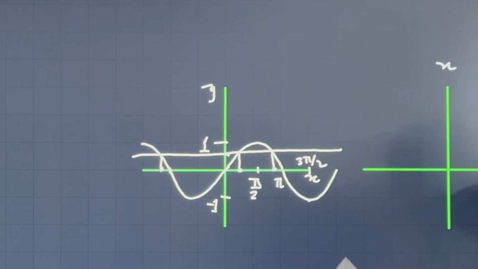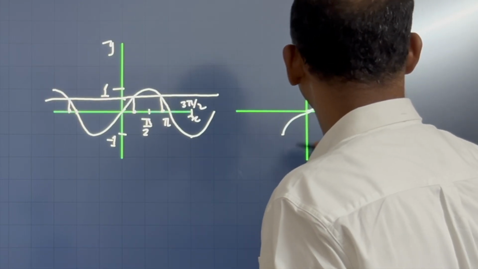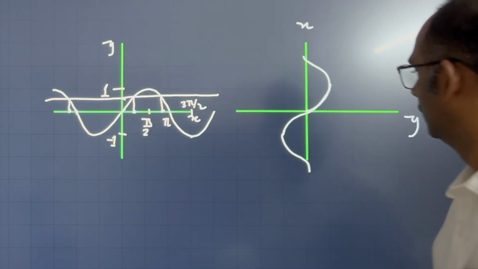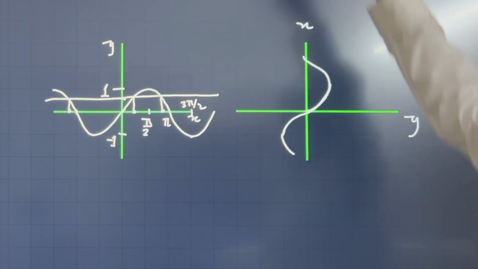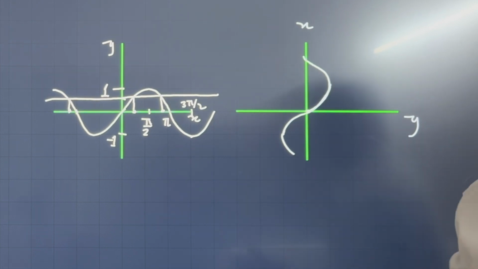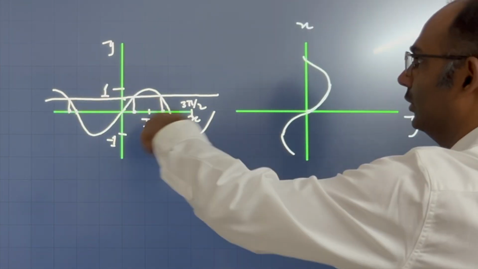So let's first plot this thing. So it will go like this, okay? You can see that, okay? The way we have been talking about inverse function, you can say if it is doing this, it will do this here.